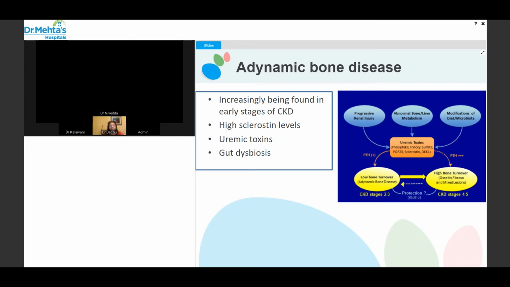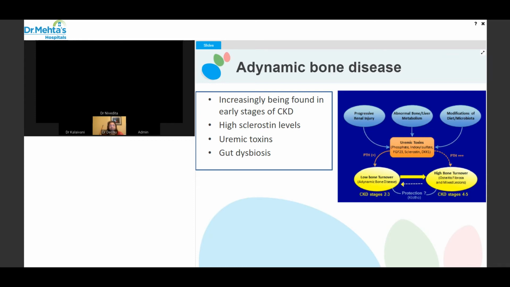A little bit on adynamic bone disease while we are dwelling on sclerostin. Initially thought to be occurring late in CKD, in patients on dialysis, in the elderly, those on treatment with calcium and vitamin D, it is now increasingly being found in early stages of CKD, and high sclerostin levels are implicated in the pathogenesis of adynamic bone disease, along with uremic toxins and gut dysbiosis.